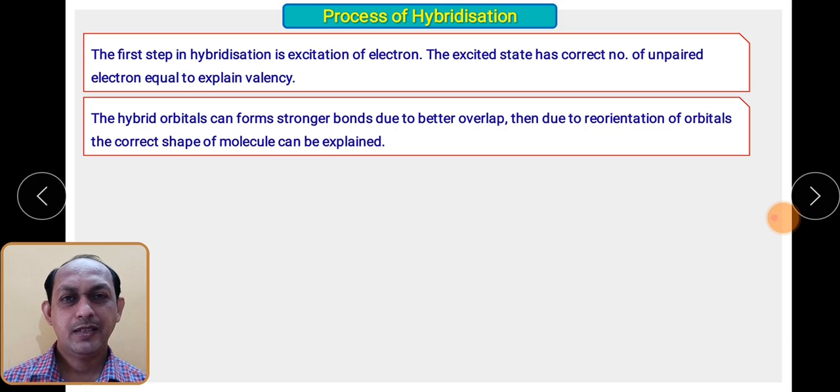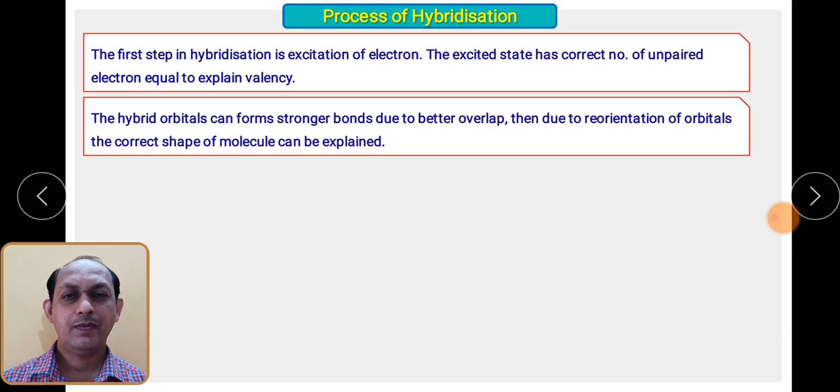Then, after the excitation takes place, the hybrid orbitals form a stronger bond during the overlap, and they are reoriented in different directions and have a very particular shape, which can be easily explained in order to study their bonding and hybridization.